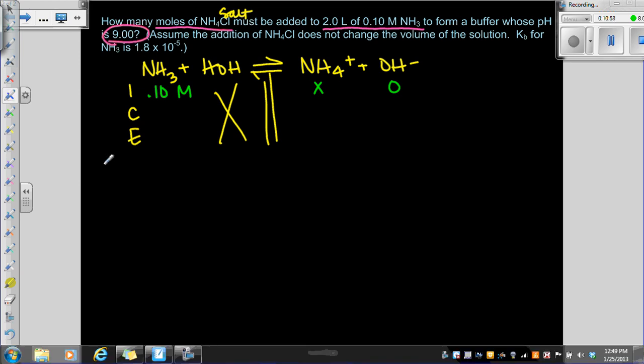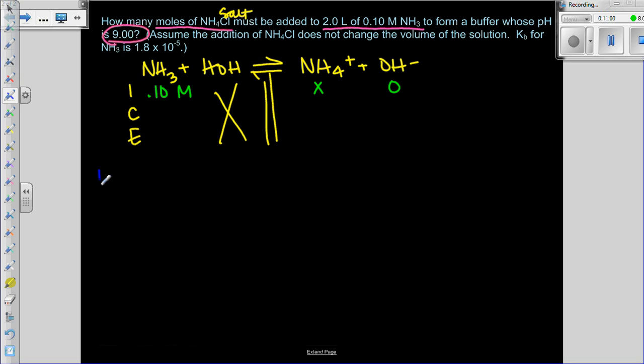I've got a pH of 9, so my pOH would be 5, and the concentration is 10 to the negative pOH, so that would be 10 to the negative 5th. So that concentration is 1 times 10 to the negative 5th, and that's what goes here under hydroxide. I got that by taking 14 minus 9 to go from pH to pOH.